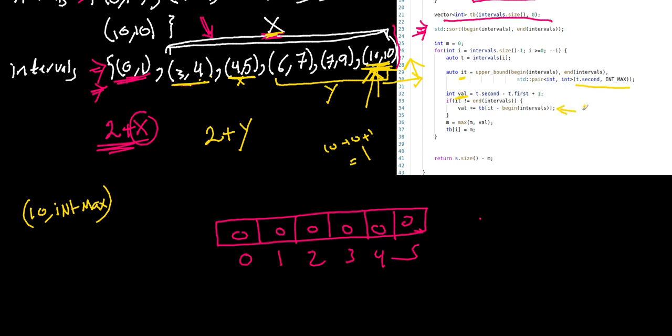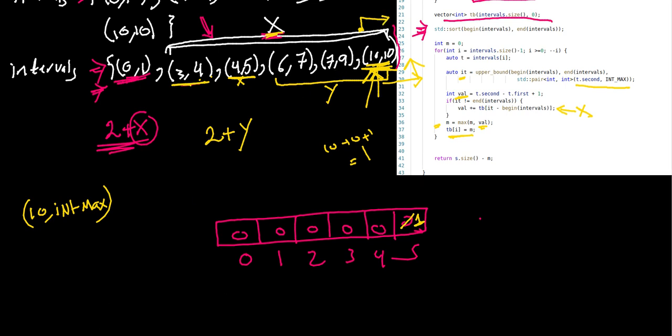This condition will not apply, and the max value will be the value itself that we will store in the table. So we store 1 here, and 1 means the maximum length that can be covered from this index up to the end.